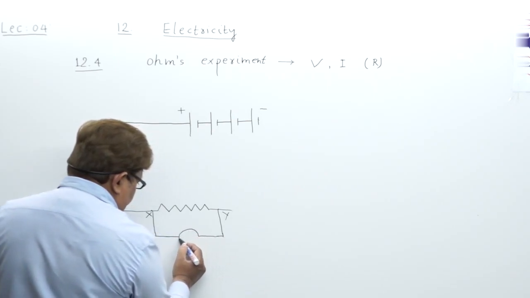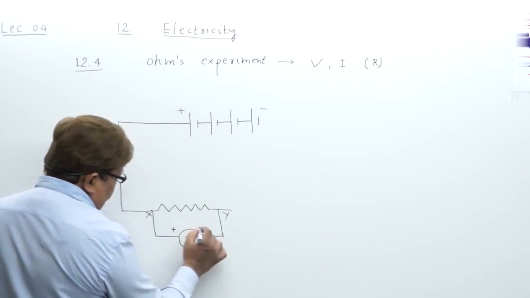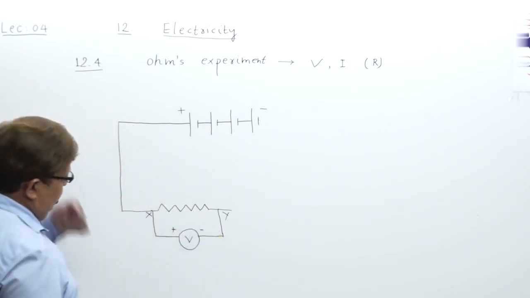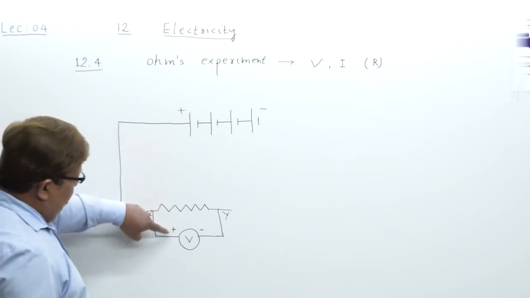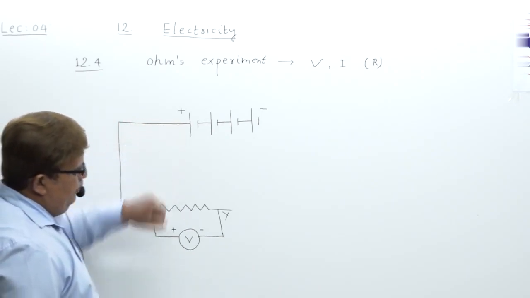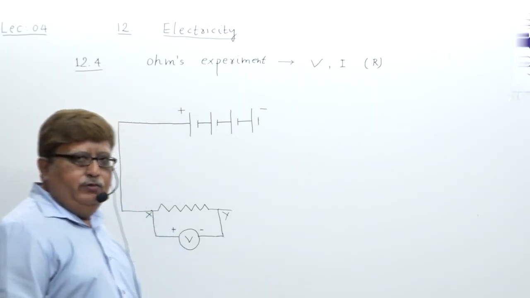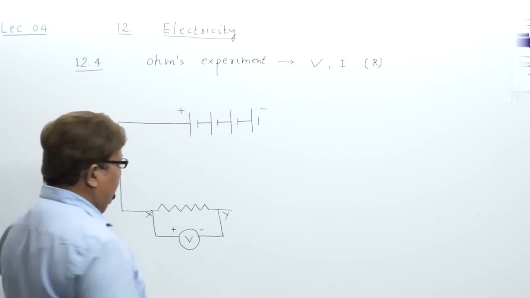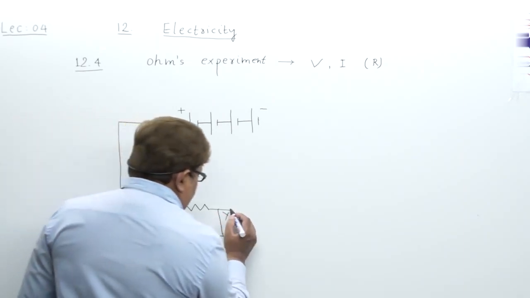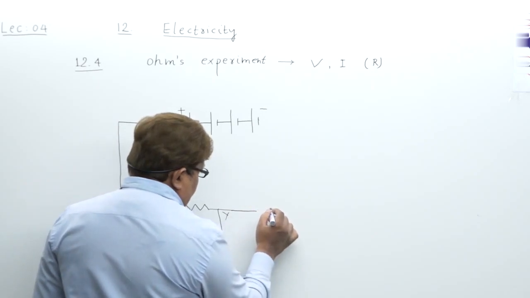This is the voltmeter we are showing, positive and negative. My dear student, no mistake here. The positive end of the voltmeter should get connected with the positive end of the battery. That you should know. Understood? Now, to measure the amount of current, we will take an ammeter.